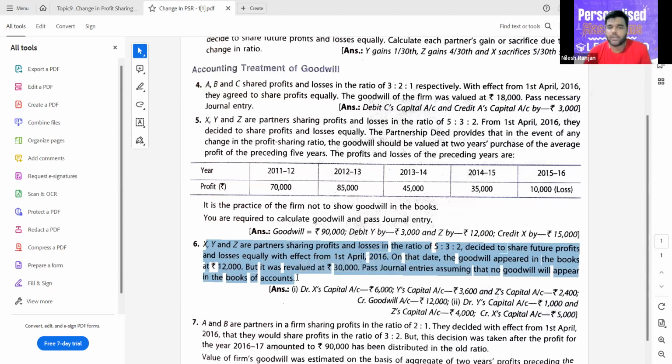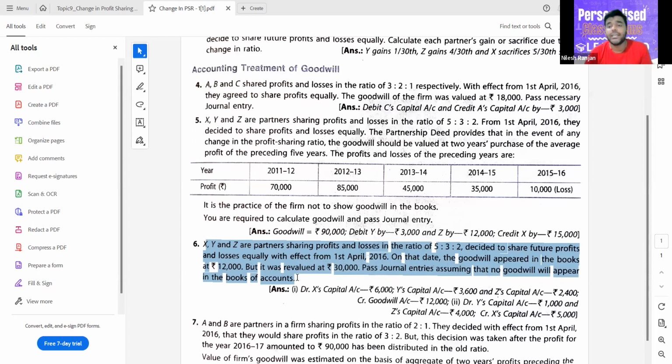X, Y, and Z are partners sharing profit and losses in the ratio 5:3:2, and they decided to share the future profits and losses equally with effect from 1st April 2016. On that date, the goodwill appeared in the books at rupees 12,000, but it was revalued at 30,000.